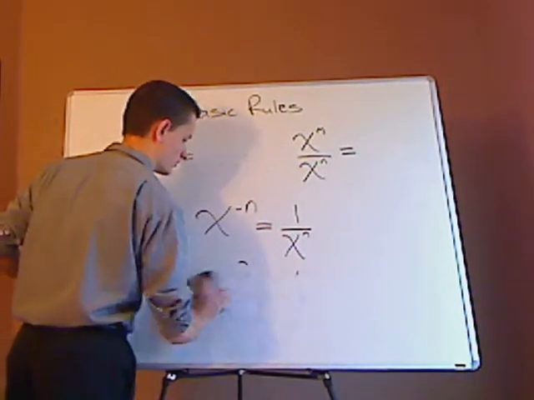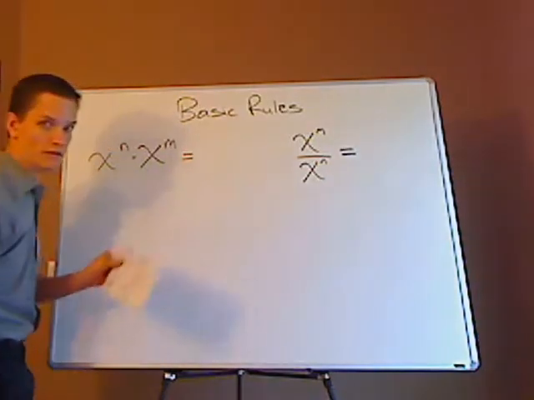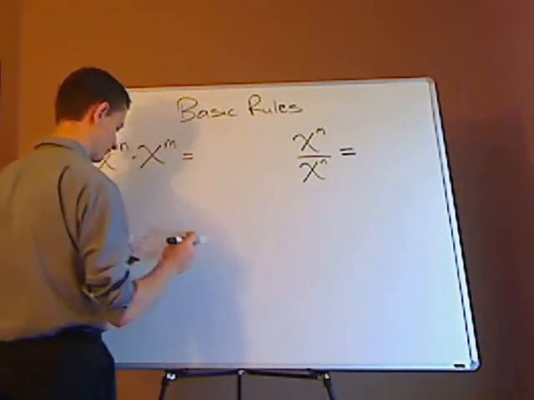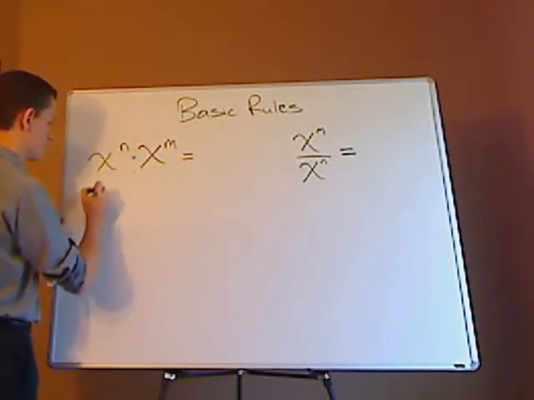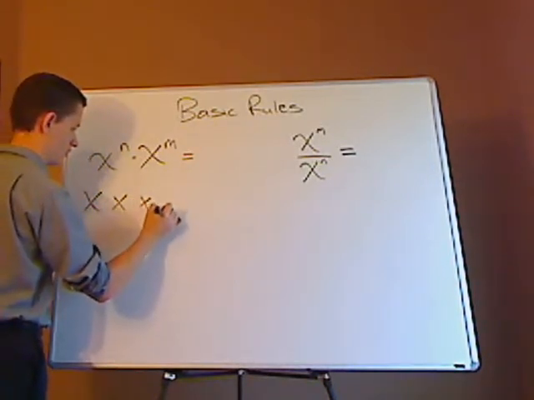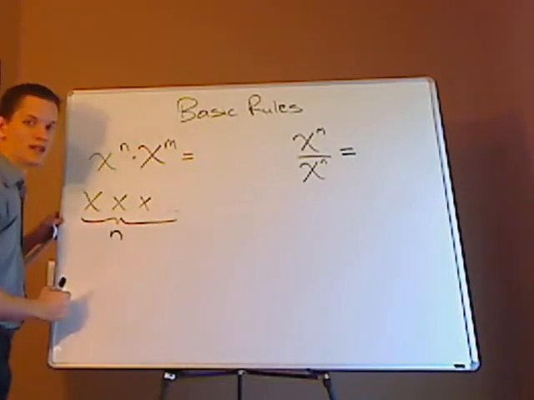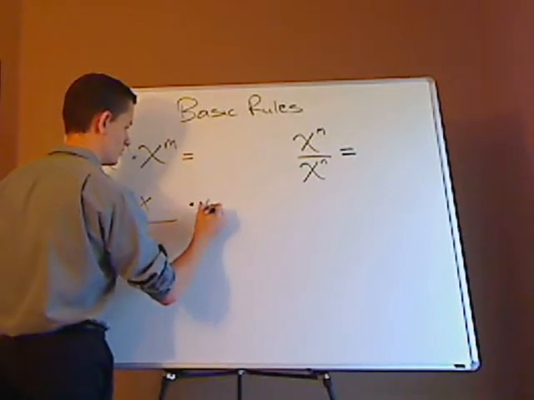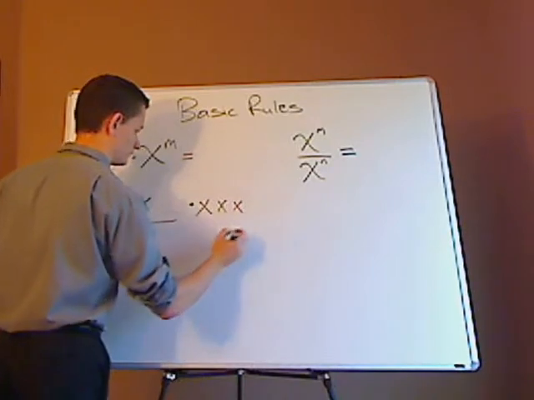A couple of the rules. Sorry, I have a list right here. Alright. Here, you have an n number of x's being multiplied, x times x times dot dot dot.